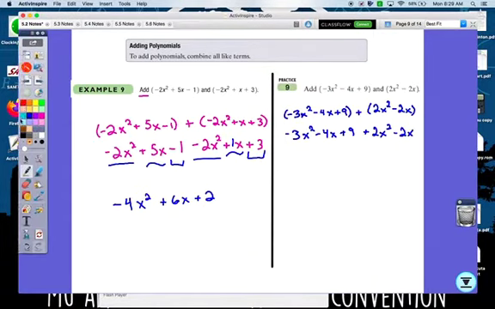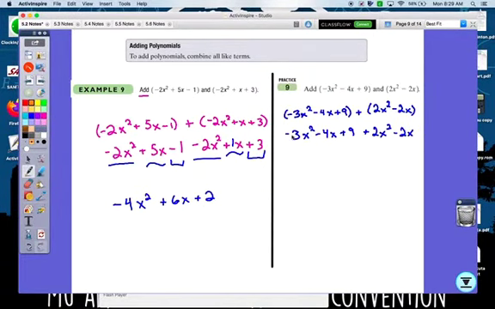All right, then I can combine. Negative 3x squared plus 2x squared. Negative 3 plus the 2 gives me a negative 1, or just a negative x squared. Negative 4x minus 2x gives me a minus 6x. And then the plus the 9, because the 9 is all by itself.